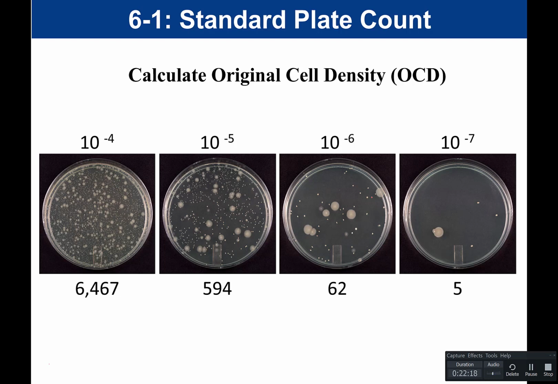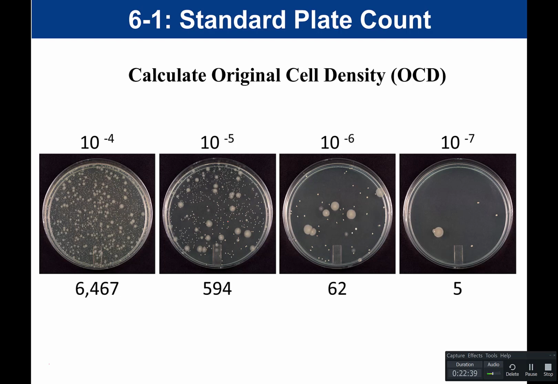Now, let's say that we had a plate where you weren't sure about the number of bacteria. Let's say it's our 10 to the negative 5 plate. Notice that to count every colony on that plate would be really difficult because there are so many.